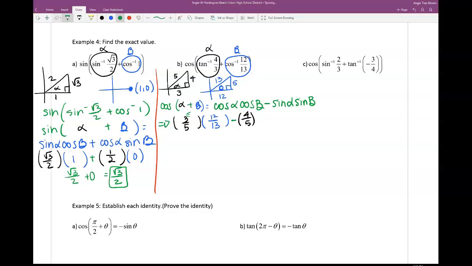Sine of beta is coming from the blue one, so sine is 5 over 13. Let's multiply. So 3 times 12, that's 36. 5 times 13 should be 65. Take away 4 times 5 is 20, divided by 65 as well.